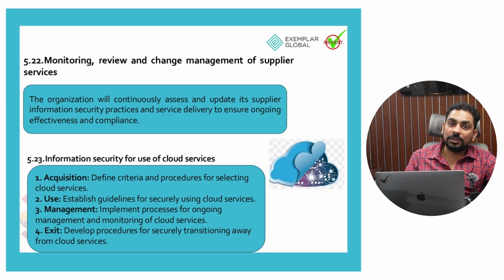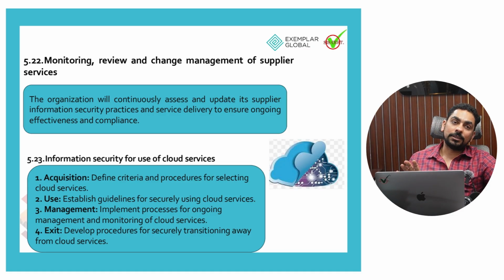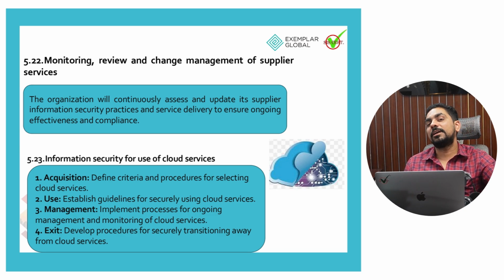We studied about the change management in clause number 6, where we say that any changes which are happening in the process or in any of the information security or ISMS structure, it can be related to the human, it can be related to the increase of the products, it can be related to the information that is being shared anywhere. If there are any changes, it needs to be monitored.